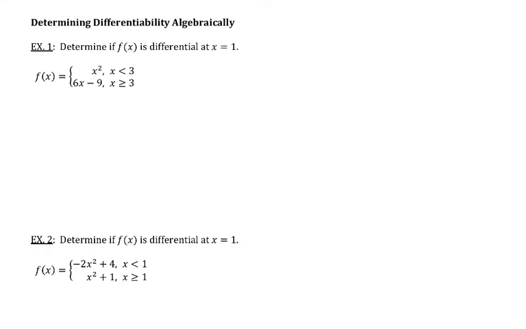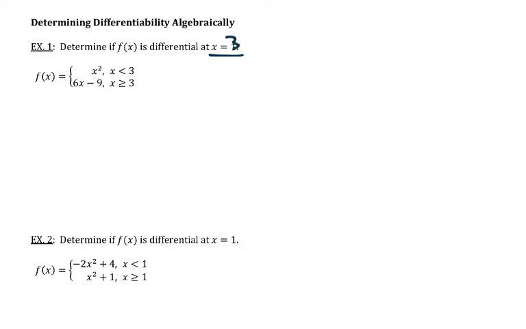Moving on to determining differentiability algebraically. We looked at graphs before. Now we're going to look at determining if a function is differentiable at a specific x value. There are two parts we have to test here. One, is the function continuous? Oh, and this should have been at x equals 3, not x equals 1.